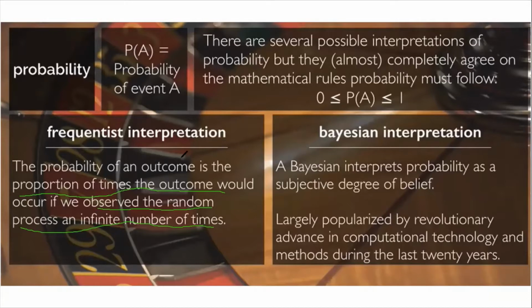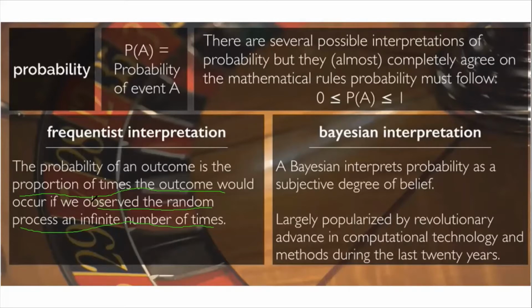For example, if we toss a coin, we know that there is a head and there is a tail. Even without tossing the coin, we know that the probability of getting a head is 1/2. Why do we know that? Because there are two possible outcomes, and one is equally likely to turn up. That is tossing the coin one time. What happens if we toss it 1,000 times?